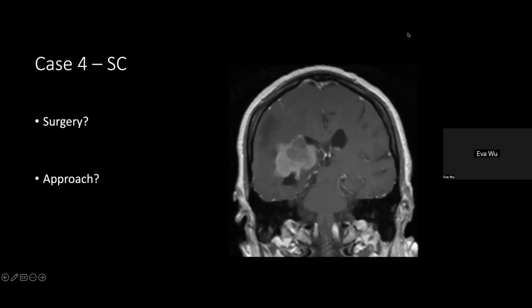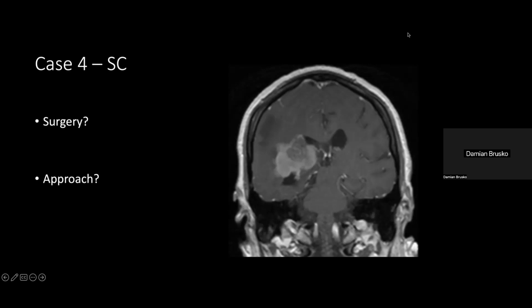This lesion is a little less than 3 centimeters. Would you do surgery, or would you do radiosurgery, or just watch the lesion? No, definitely wouldn't do radiosurgery or watch, even having symptoms.